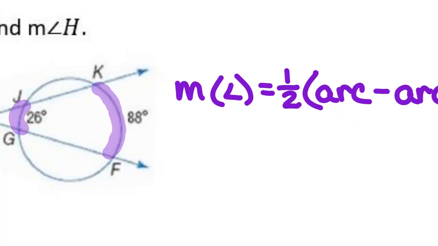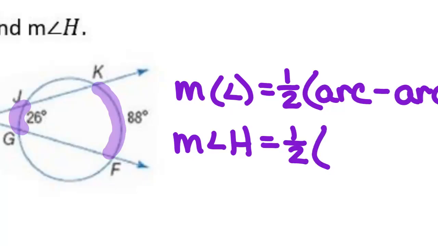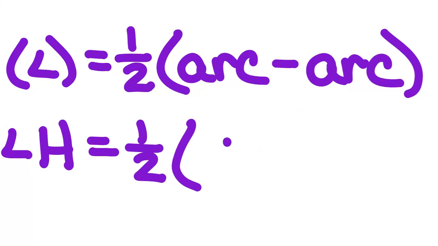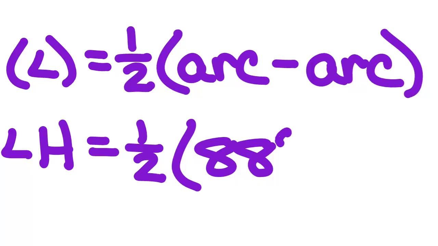So my angle is angle H. Measurement of angle H equals 1/2. I'm going to subtract my arcs, and I want the bigger one first. Which arc is the bigger arc? 88. So 88 degrees minus, and now I want the smaller arc.